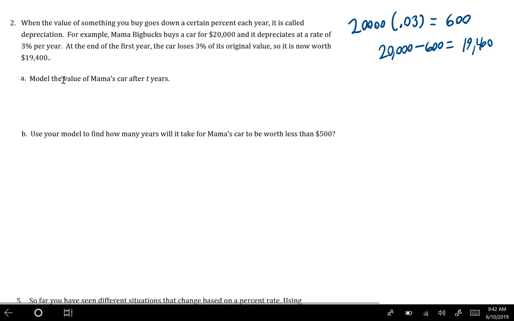And so as we talked about, if it loses 3% of its value, that means it keeps 97% of its value. So an easier way to do this, instead of multiplying and then subtracting, is to just multiply by 0.97.